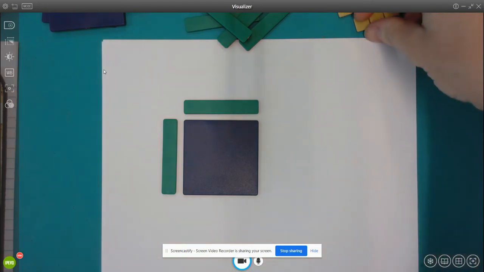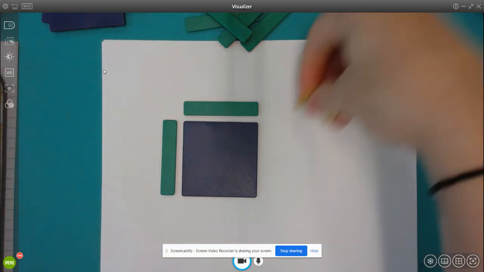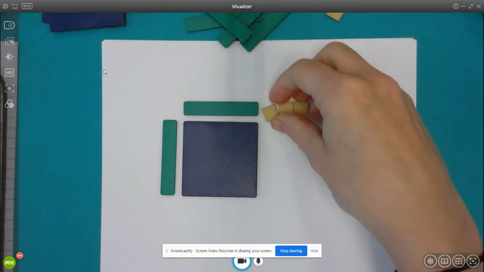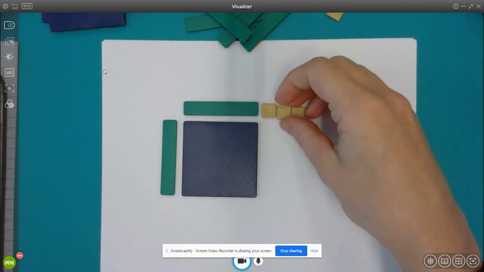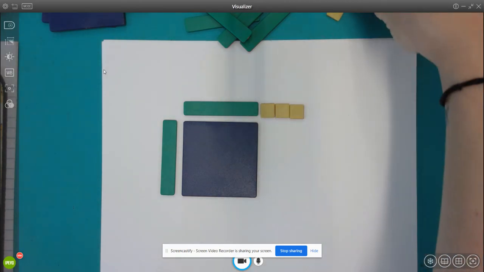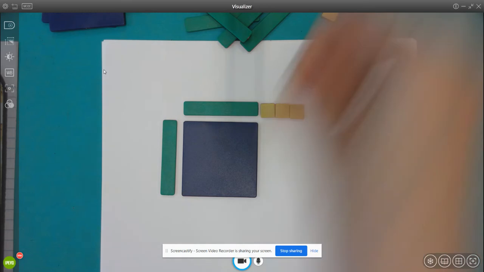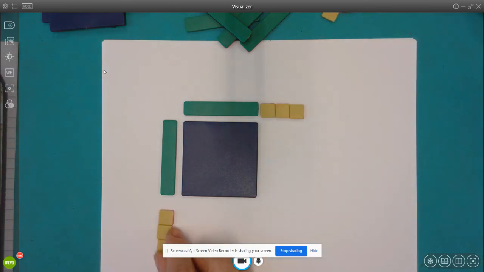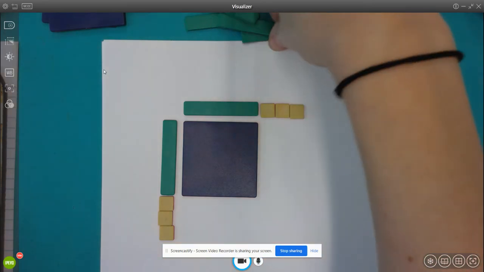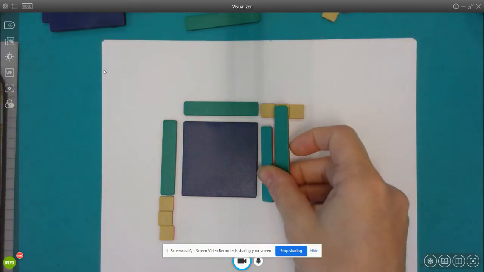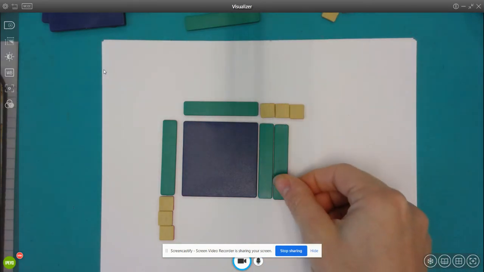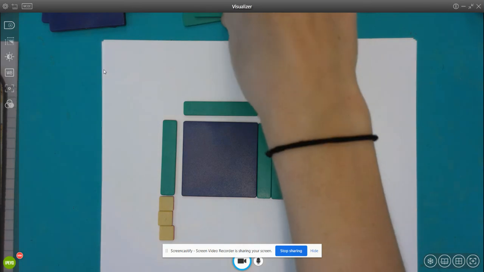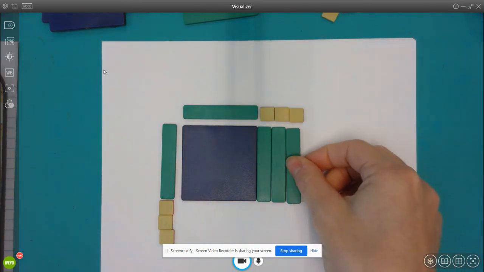So what she's doing is she's adding 3 to both sides. I'm going to add 3 to that side. I'm going to add 3 to this side. And my goal is to find the new area. These ones are going to be a length of X and a width of 1.